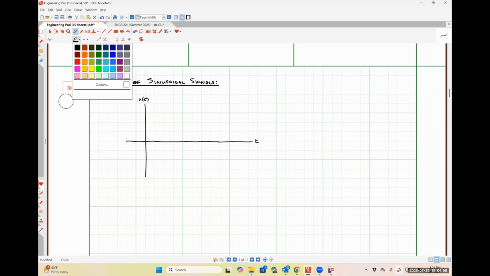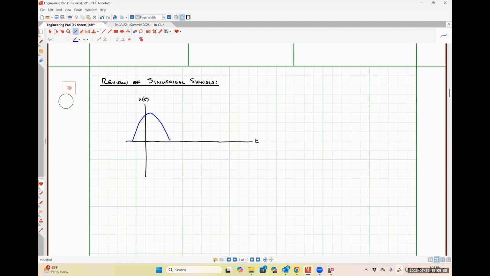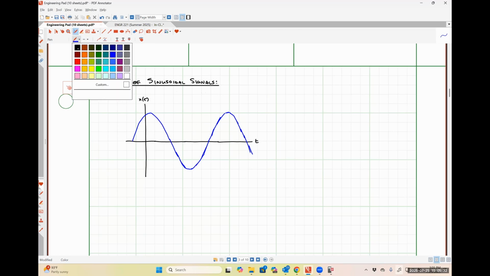I'm going to draw a signal here. Like so. Hopefully that's not too bad for you guys. And now I am going to describe this function using math.